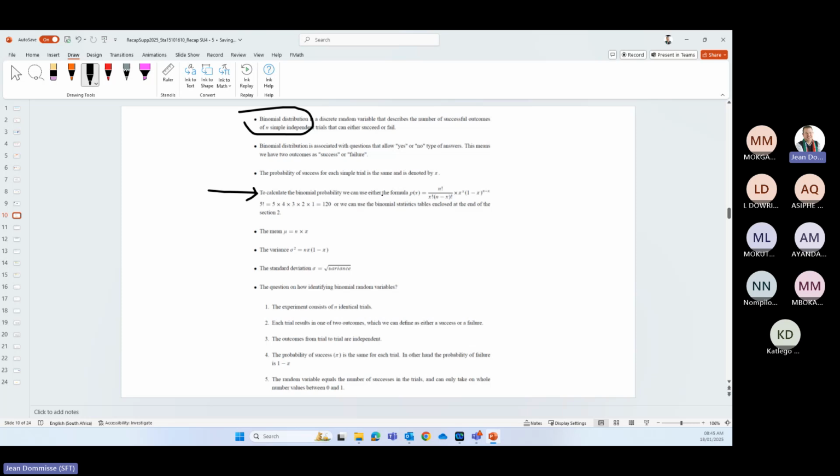Because if you need to work out the probability of x smaller than 2 or something like that, you need to do a few of these sums.